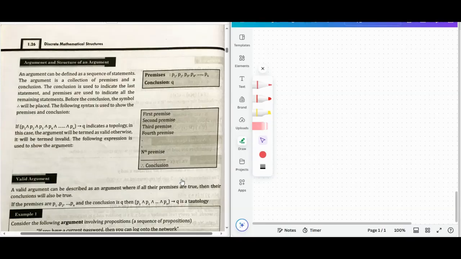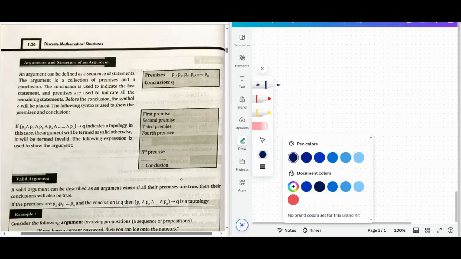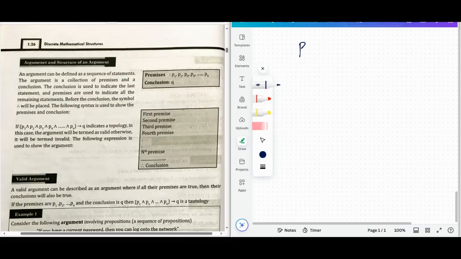So you can take an example: suppose we have premises. Premise 1 is a student who scores 100 marks. Premise 2, a student who scores 70.